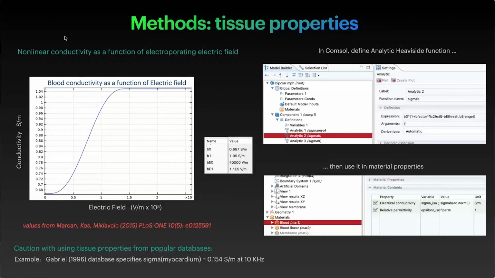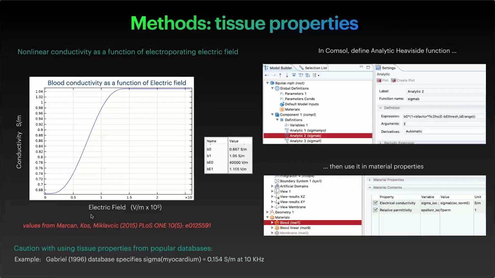In terms of methods, of course, if we're working with electroporation, we have to use a nonlinear model of conductivity. And COMSOL is very convenient for this because all you have to do is define an analytical function that looks like this over here, which indicates how the conductivity changes as a function of the electrical field.